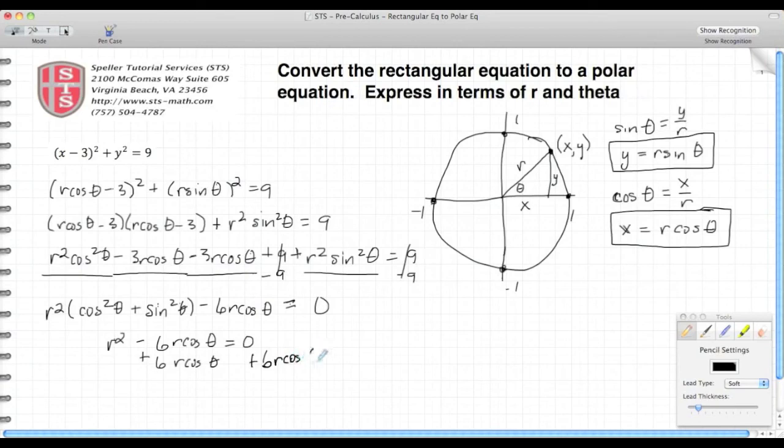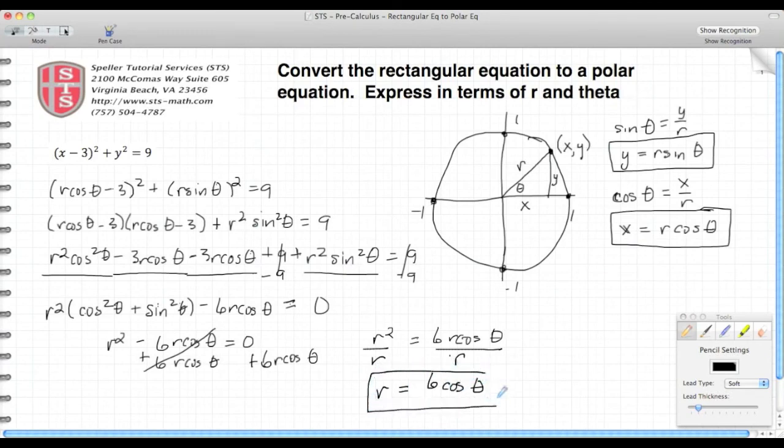So this here cancels, and I'm left with r squared equals 6r cosine theta. I divide both sides by r, so I'm left with r equals 6 cosine theta. So r equals 6 cosine theta is the same thing as (x minus 3) squared plus y squared equals 9.